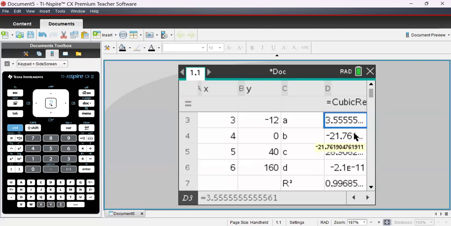And I can't see the number after the 1, but if I'm on that box and I look at the bottom, it's 7619, so it'll be 762. C is 28.968. D, okay, right there, that's e to the negative 11. That's just going to be 0, so we're not going to put that one. And the r squared value is 9969.